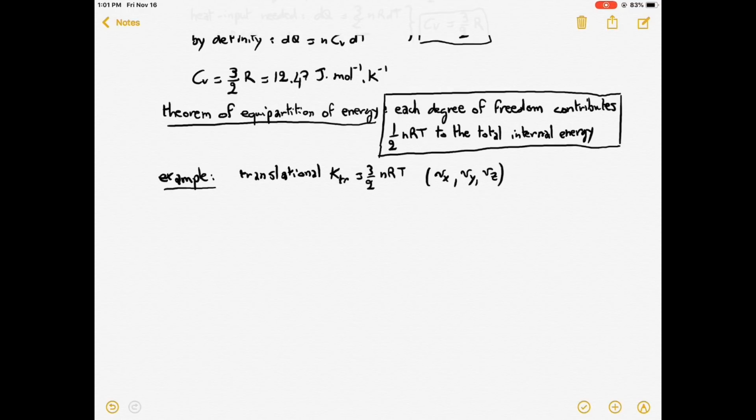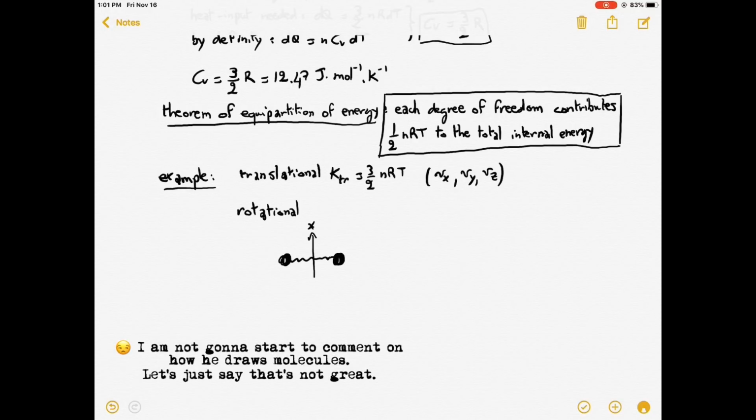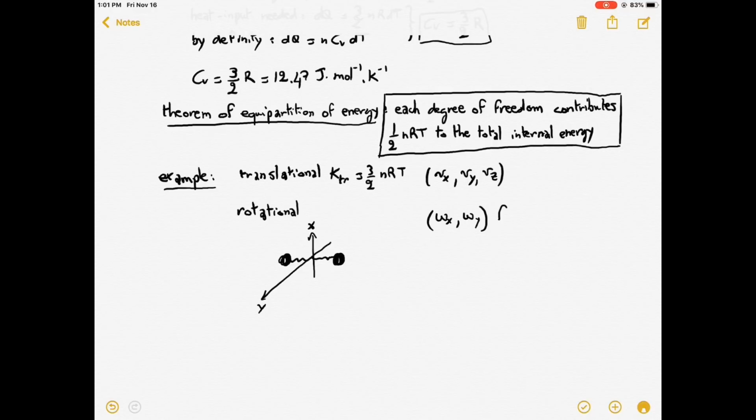Now, because it's a molecule and not a simple atom, we can have other degrees of freedom, like, for example, the rotational degrees of freedom. So let's say you have your molecule here. It's going to be able to rotate around this axis, but also along this axis. And so this rotation, omega x and omega y, gives 2 degrees of freedom for a diatomic molecule.